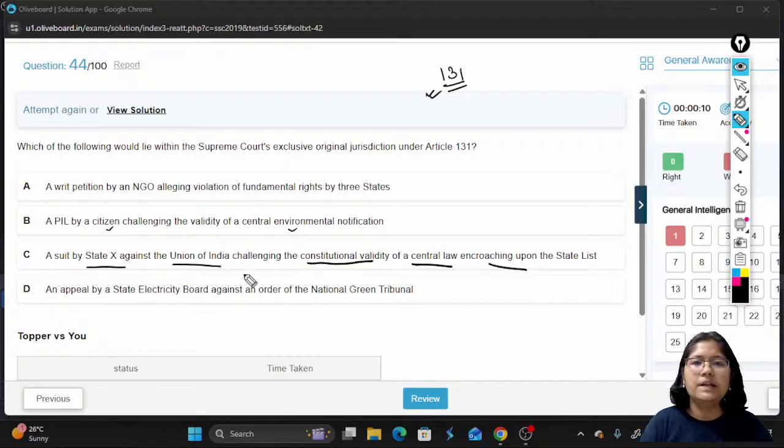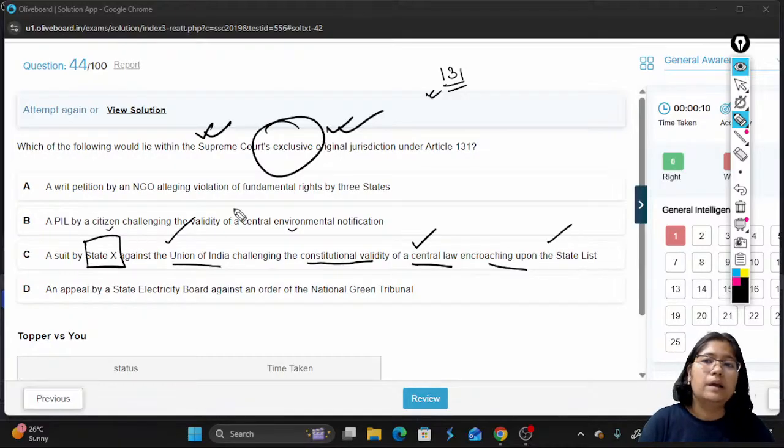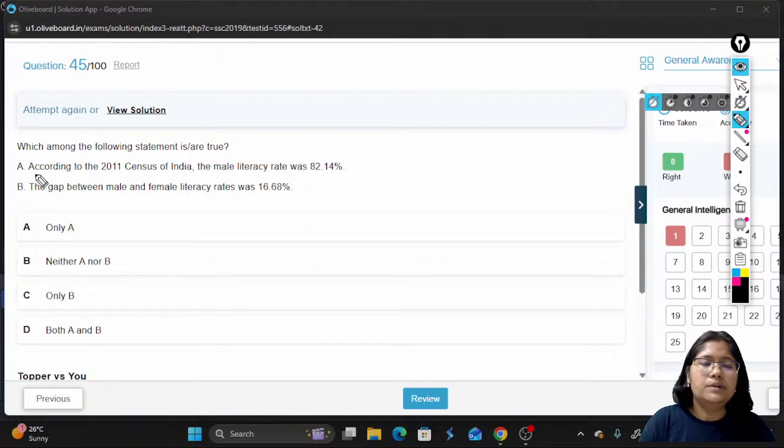So if you have to select one where there is the Supreme Court's exclusive original jurisdiction and nobody else can have any kind of jurisdiction in that particular matter, then it is going to be if a particular state files a suit against the Union of India challenging the constitutional validity of a central law encroaching upon the state list. So that is your option number C, that is in the original jurisdiction. That is exclusive original jurisdiction.